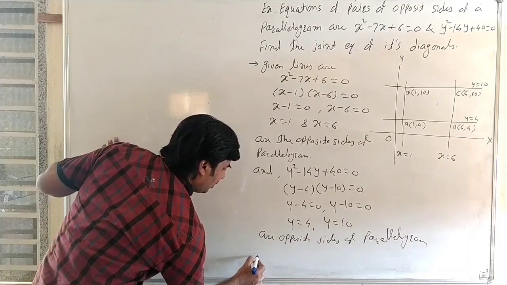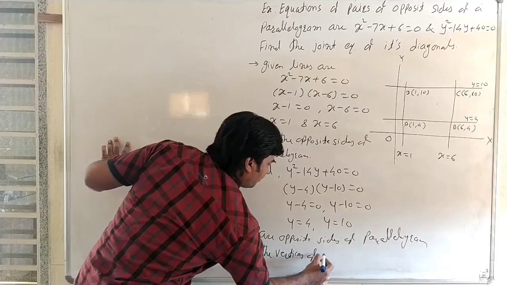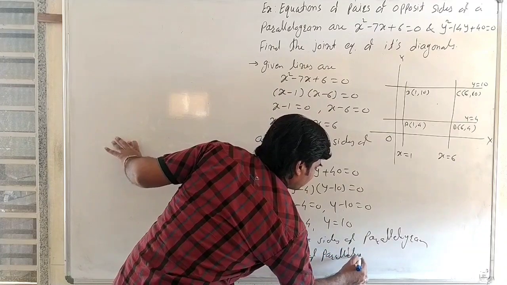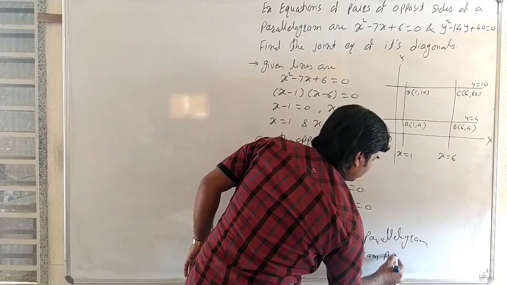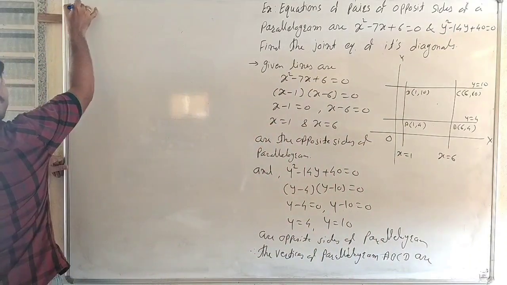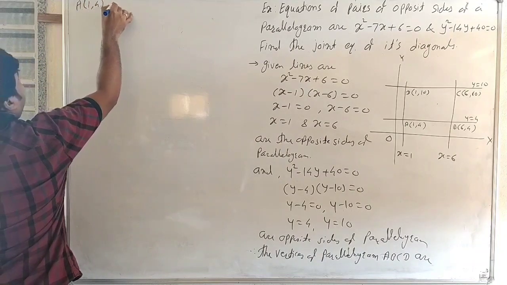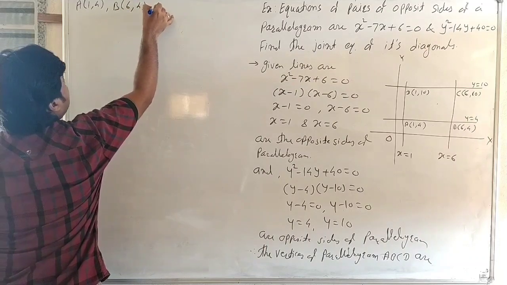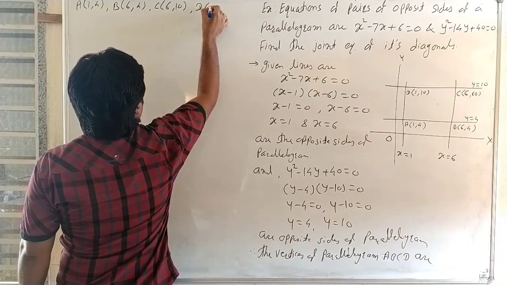Therefore, the vertices of parallelogram ABCD are: A is 1 comma 4, B is 6 comma 4, C is 6 comma 10, and D is 1 comma 10.